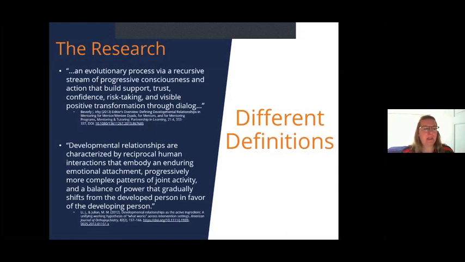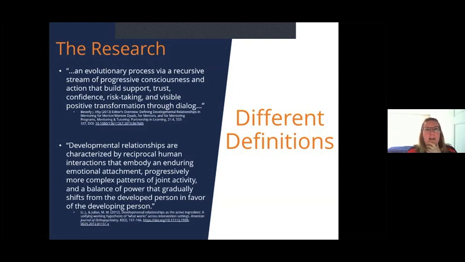So I think that one is interesting in that there's a lot of parallels, right? They talk specifically about providing support, which is also very present in the Search Institute framework, but building trust can be very similar to expressing care. And the risk-taking component could include several of the facets, like challenging growth or expanding possibilities.